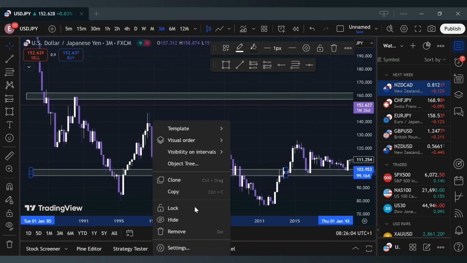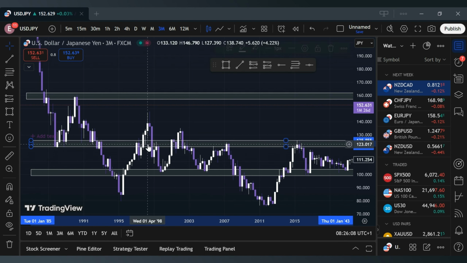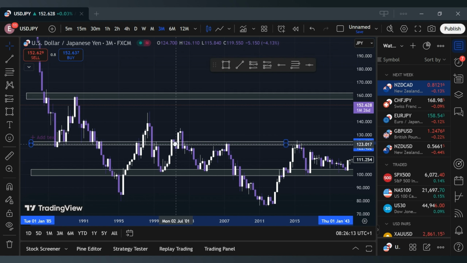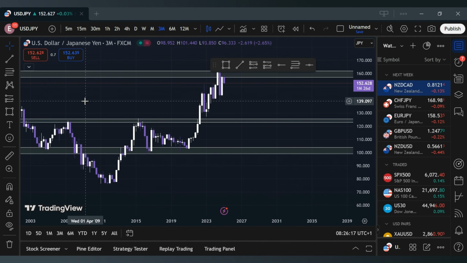Now to mark up a second zone based on the 3 months time frame, which would be around this point, because we have strong rejections of this point too.